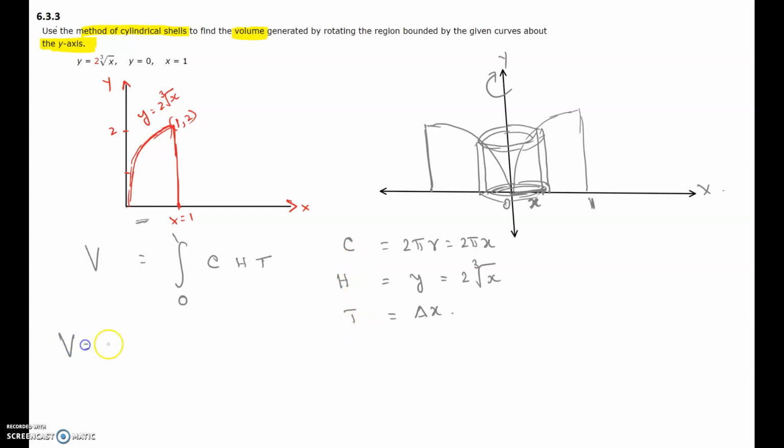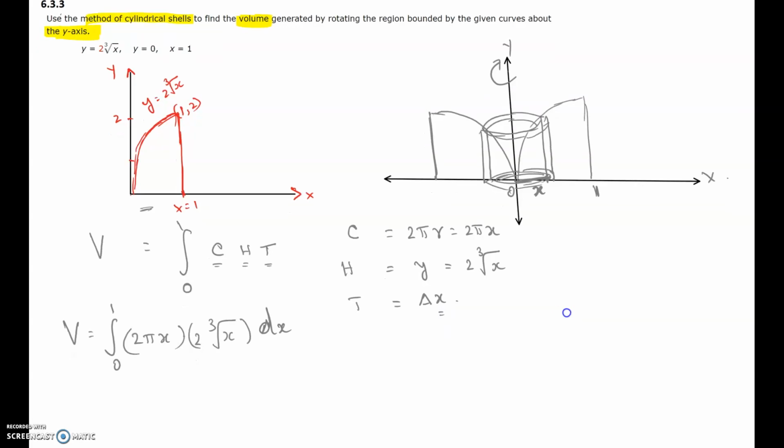So the volume is the integral from 0 through 1, because we place the cylinders throughout the region from 0 through 1, of the circumference 2 pi x, times the height 2 times the cube root of x, times the thickness. Delta x in the integral should be written as dx.